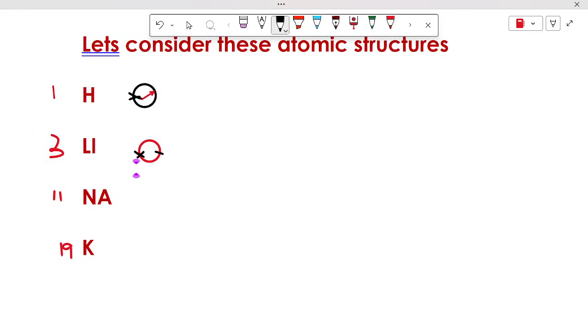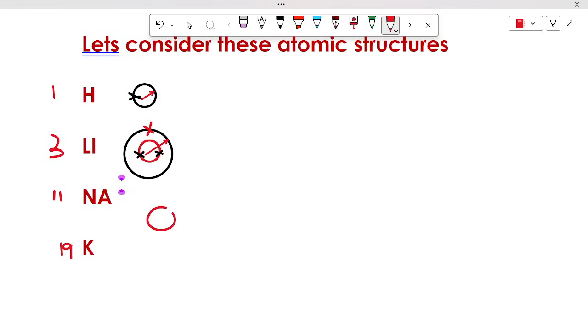Then we draw another one and put the one remaining electron here. So the atomic radius can be like this.